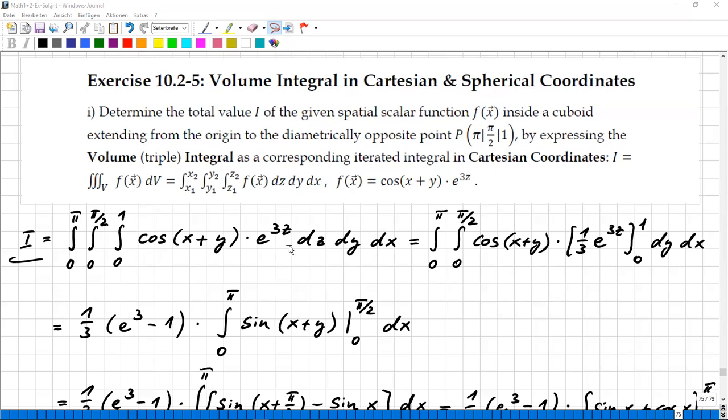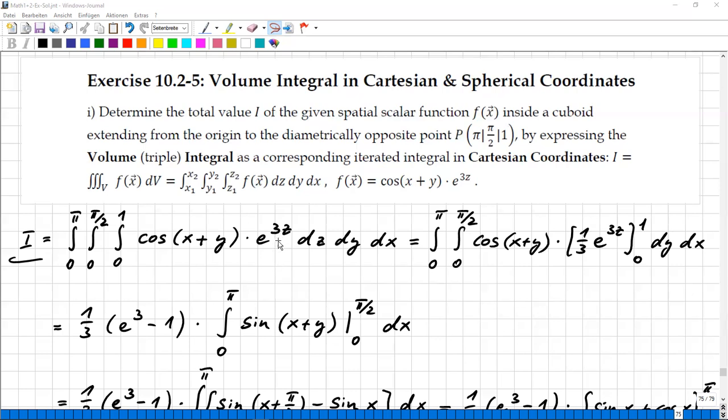If we integrate over z first, we note that we have to handle x and y as constants. So this is just a factor of cosine of x plus y, which stays there. But then the primitive function of e power 3z has to be taken, referring to z. As we all know, this is a case for a linear substitution, which we don't even have to write down.